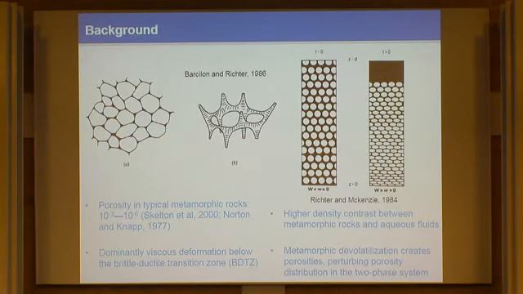The two-phase dynamics in the geoscience field is motivated by studying the migration of melt during partial melting. This is a schematic illustration of partially molten rock. In the interstitial interconnected pores are the partial melts, and in three dimensions it's interconnected if the surface tension allows it.